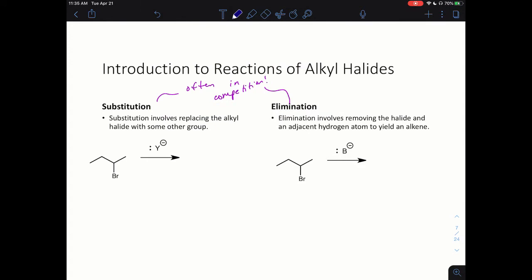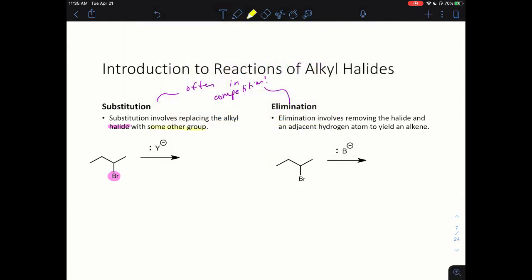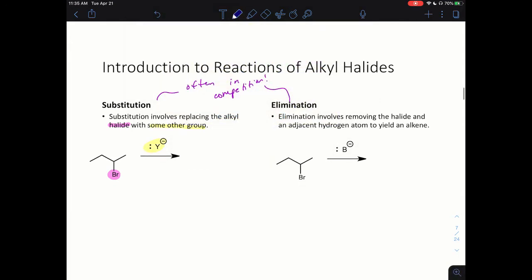So substitution involves replacing the halide with some other group. And that some other group is going to be Y. Y is some nucleophile. It's electron rich, and it will react with the electron poor site on the alkyl halide.